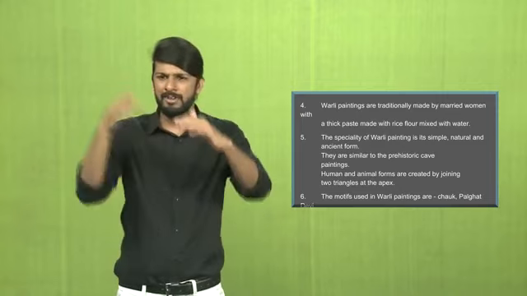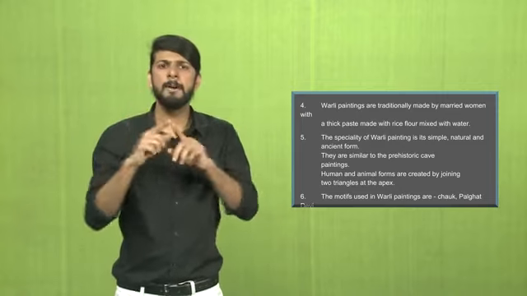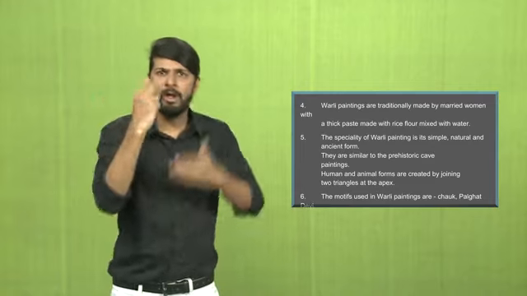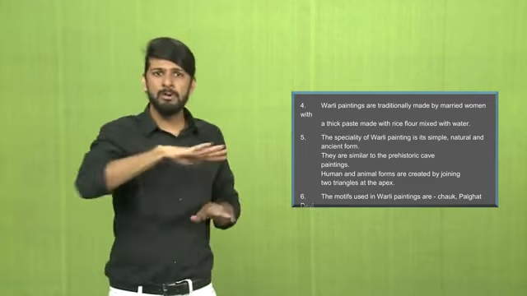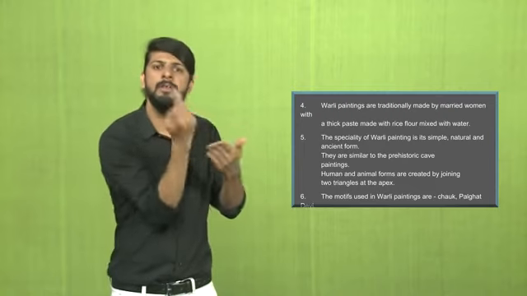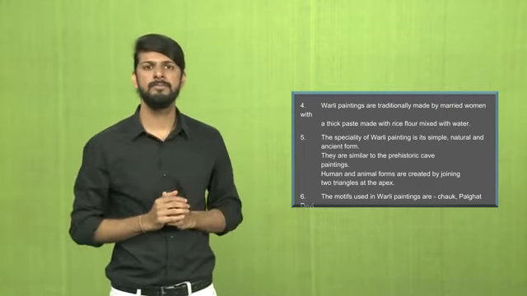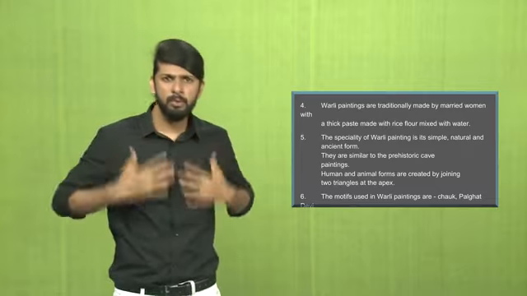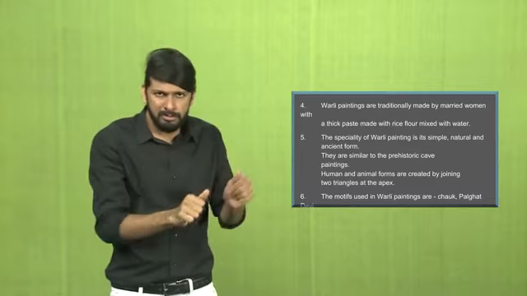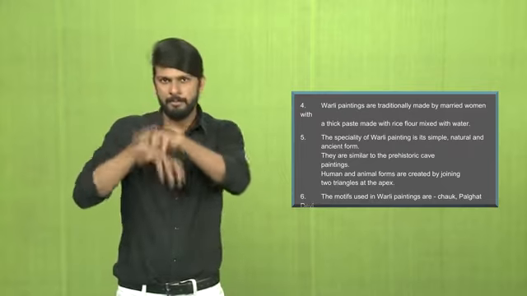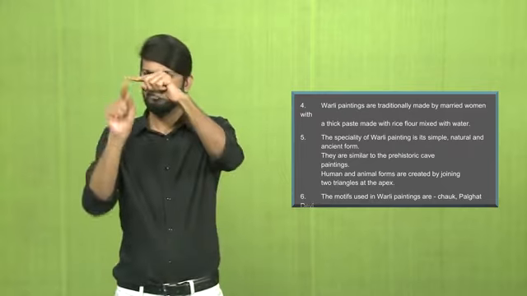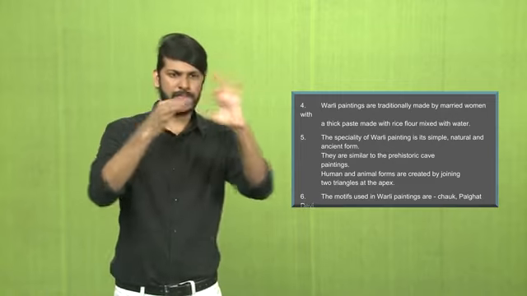And the second point is that these paintings are very similar to the prehistoric rock paintings or the cave paintings. And lastly, the forms and the figures of the humans and the animals are created by joining 2 triangles at the apex.